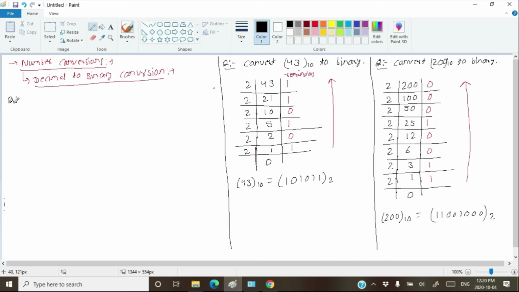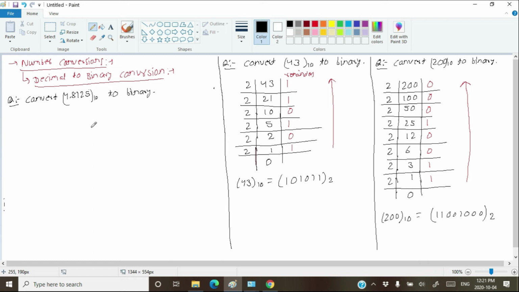The next question is convert 4.8125 decimal number. Of course, this is a decimal number, no need to write. So convert 4.8125 in decimal to binary. This is the question.